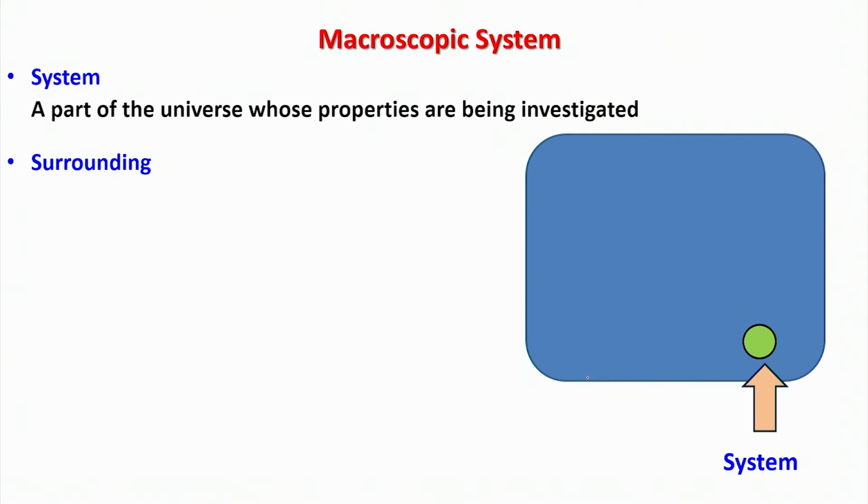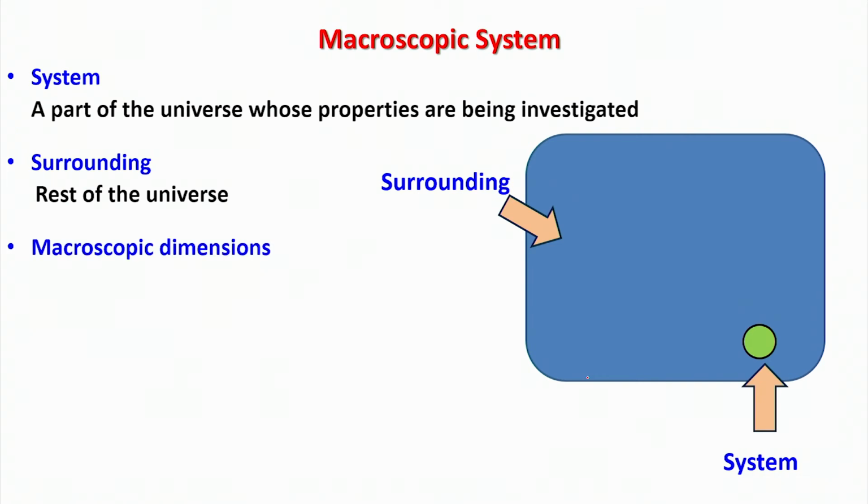This blue box is actually giving the surrounding to the system. So by definition, the surrounding is the rest of the universe. As far as our practical applications are concerned, we are interested in the system plus the surrounding, and these two make up the universe.